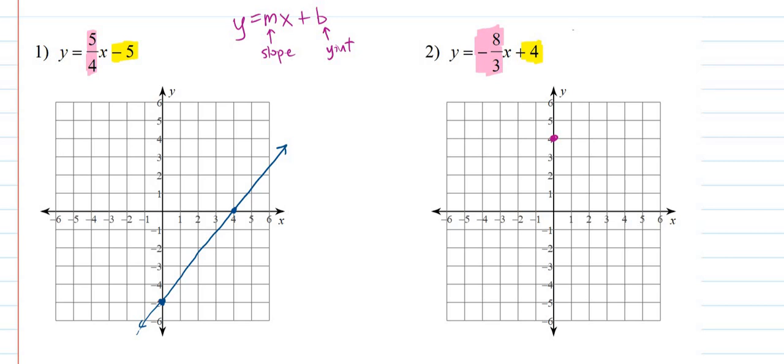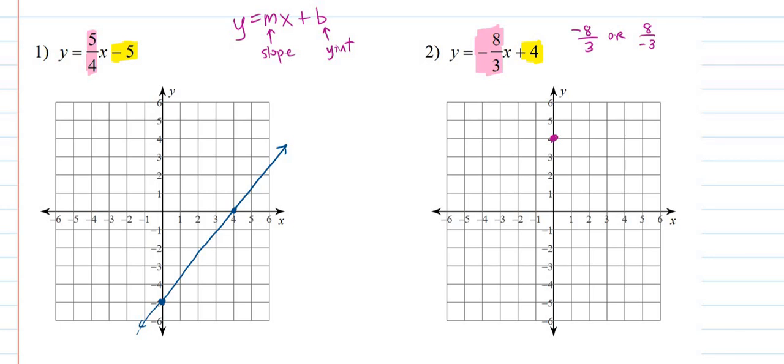So we are either going to count -8 over 3, so down 8, +3 to the right, or we can count 8 up and 3 to the left. In this case, we don't have space to go up and left.